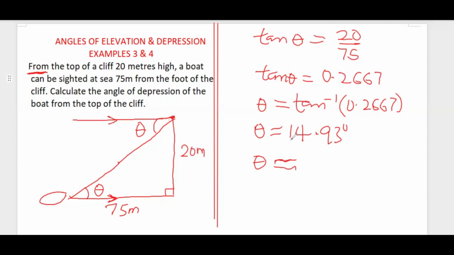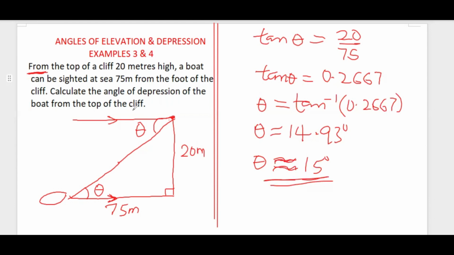So that will be to the nearest whole number, that's 15. Approximately 15 degrees. And that's the angle of depression of the boat from the top of the cliff.